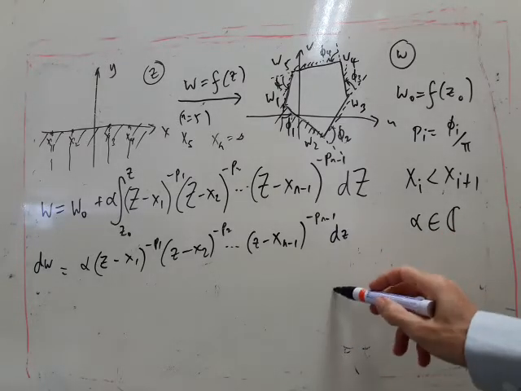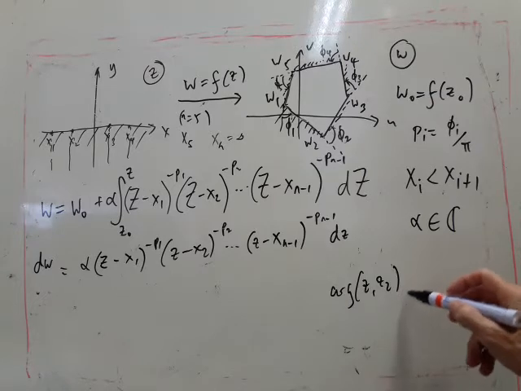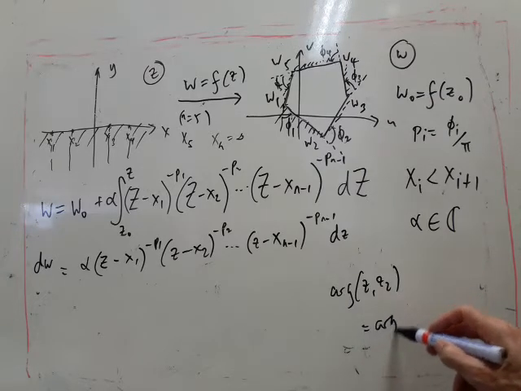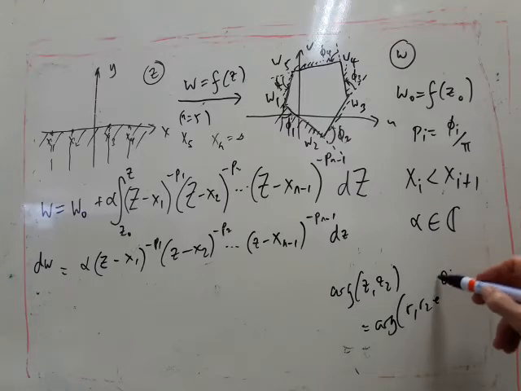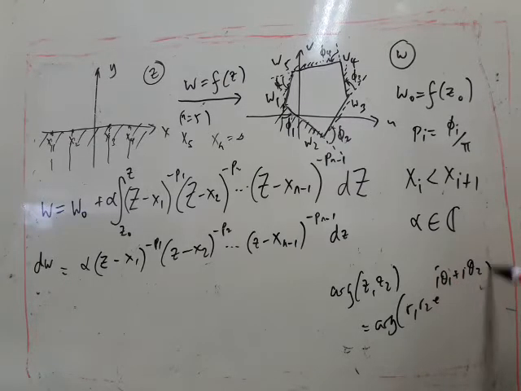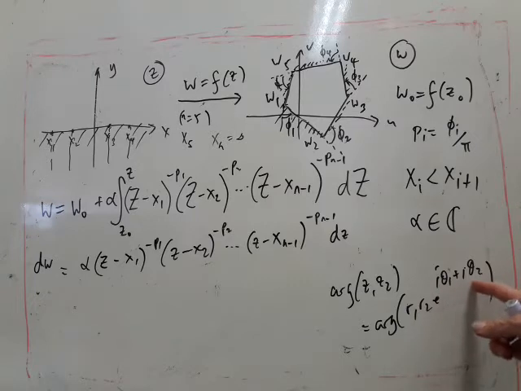So just to remind you that the argument of the product of two complex numbers, easiest to see if you write it as r1 r2 e to the i theta 1 plus i theta 2. The argument is theta 1 plus theta 2, so it's the sum of the arguments of the two complex numbers.